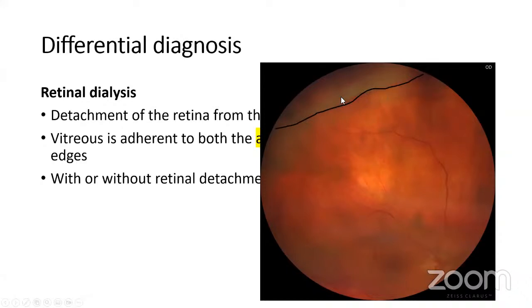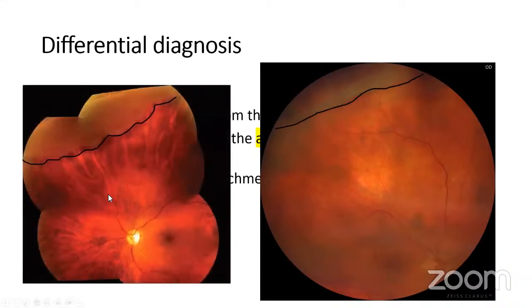That is why you can see that the flap is not as freely mobile as just now, where it fell over and covered the macula. In certain cases, you can even see a scalloped edge shape, which corresponds to your ora serrata.